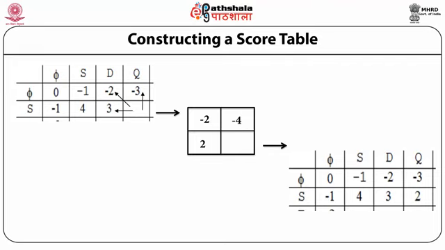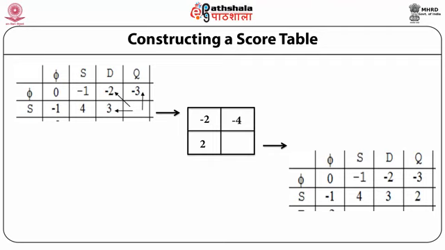Now we'll find the score of aligning S in vertical sequence with Q in horizontal sequence using the BLOSUM62 matrix. The score is 0, therefore we'll add this 0 to the number in the cell diagonally up on the left side. This cell presently contains -2, therefore adding 0 to -2 results in a total of -2.